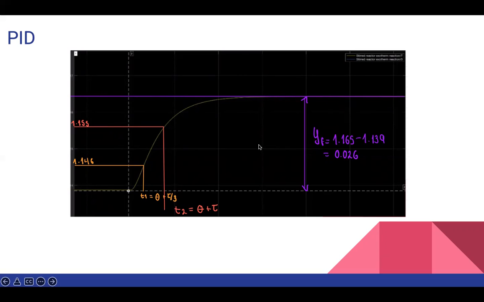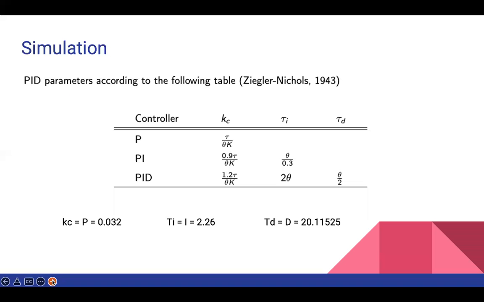Then we use the GF value, which is 0.026, and multiply it by 63% and by 28%, obtaining T1 and T2. Then making a system of equations, we obtain theta and tau. Those values were used to find Kc, Ti, and Td from the Ziegler-Nichols table. That's how we obtain P, I, and D, the values reported here.